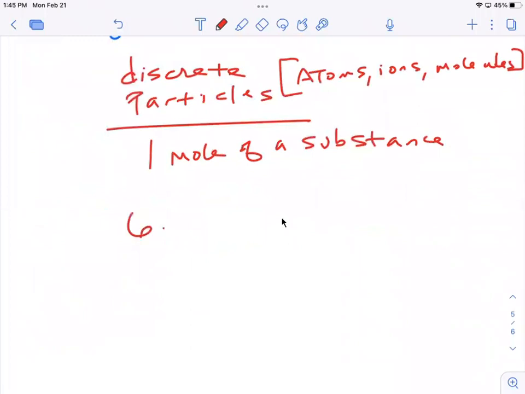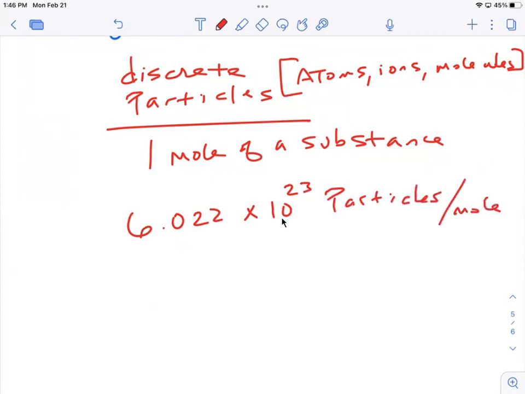But the number itself is 6.022 times 10 to the 23rd particles. That's in the top. This is the unit per mole, right? So it's always per mole. So any particle that you're looking for that a particular substance is composed of, you could put it in the top.